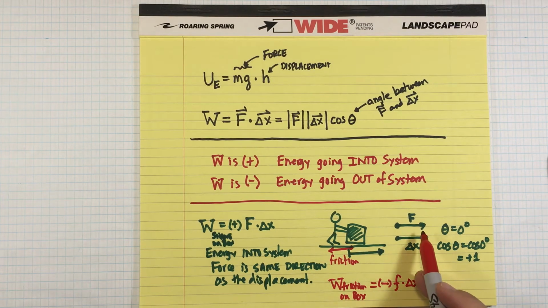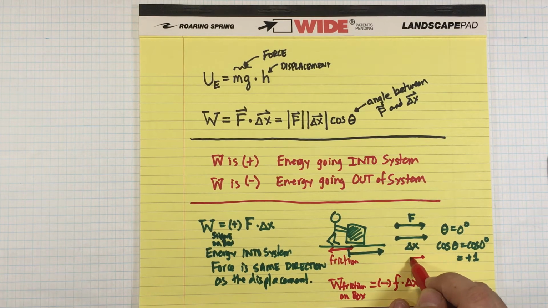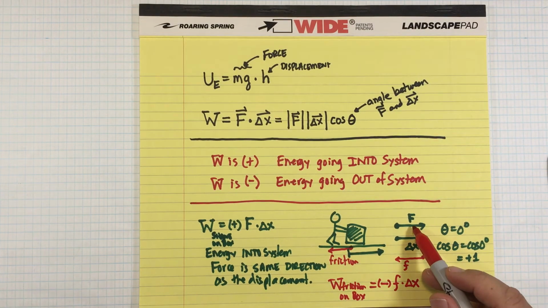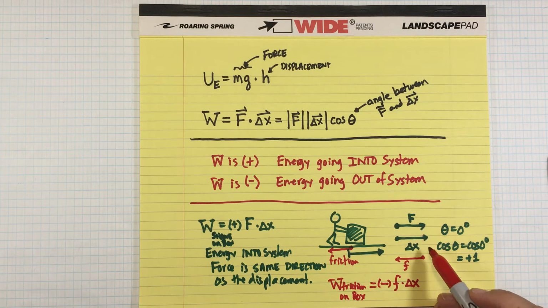And by a very similar argument, if I go up here to my diagram, the friction points in this direction. So the angle between the friction vector, which is the force involved, and the displacement vector is 180 degrees.